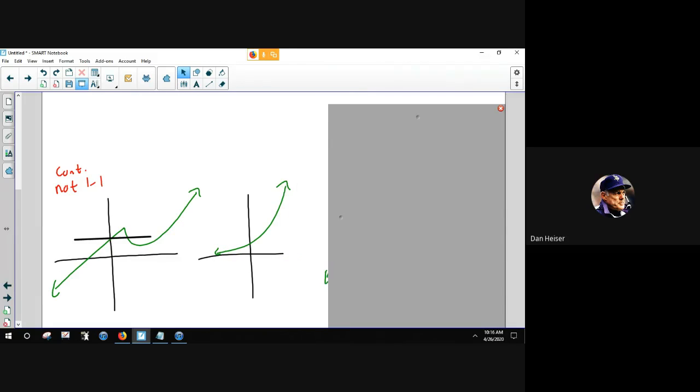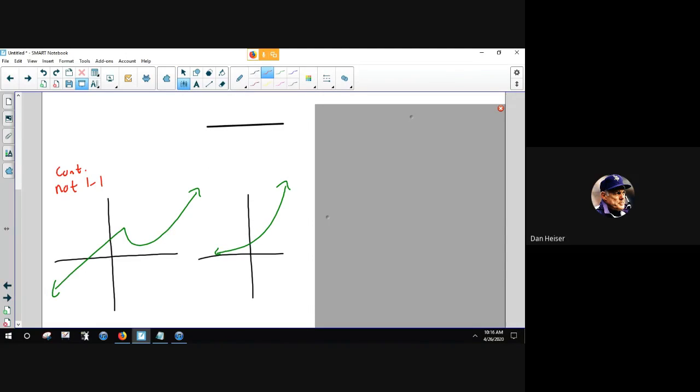Not one-to-one. Let's check out this one. Here's my horizontal line. Looks like it passes. So this is 1-to-1. In fact, that's our exponential function. An exponential function is 1-to-1. And it's also continuous.